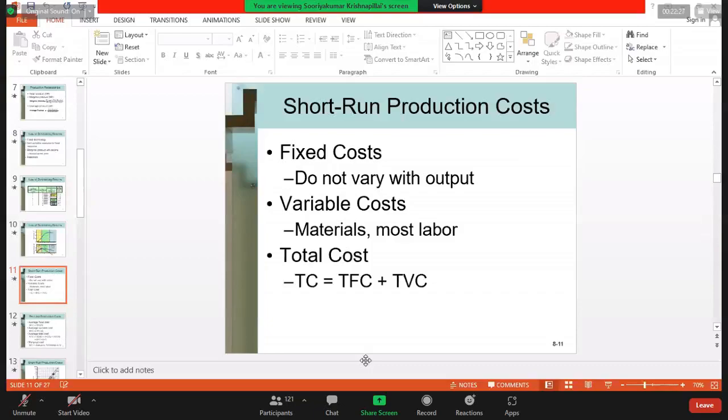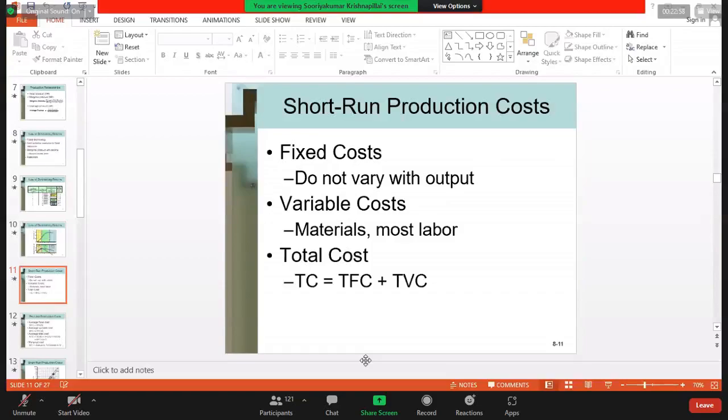When you produce more and more, you need more labor and more material. So variable cost varies with the level of production. If you produce more and more, variable costs increase. Fixed cost will not change with the level of output.